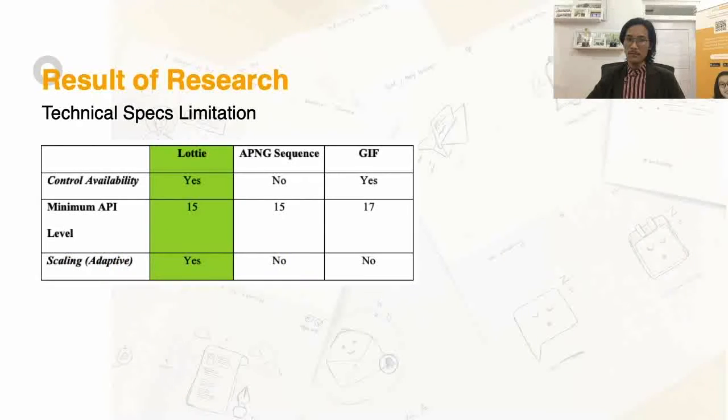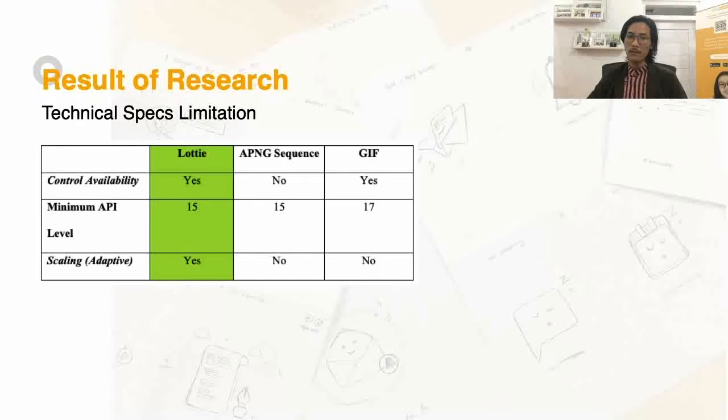This is our result of research. The first is technical specs limitation. The first is control availability. In the development process, Lottie assets can be controlled by code, like stop, loop, and interactive with gestures and more. The second parameter is minimum API level.